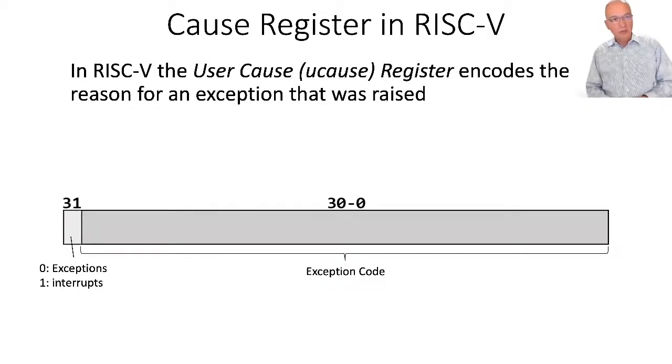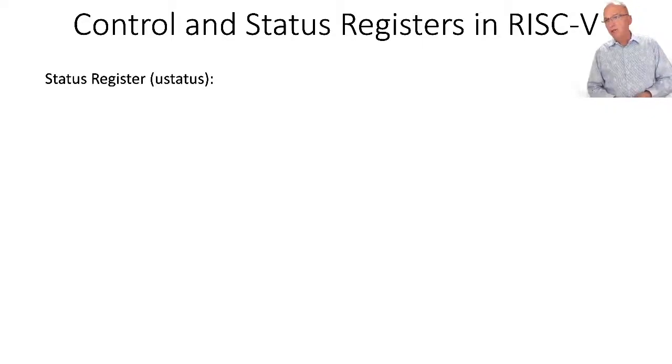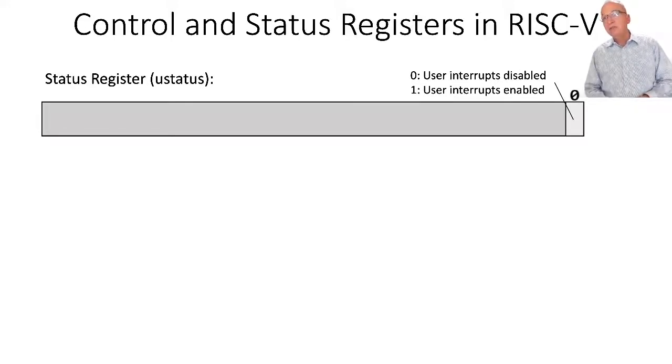Then we have two control and status registers in RISC V that we're going to pay special attention to. One of them is the status register called uStatus, which will have this format. The most important bit that we're going to worry about in this register is bit 0. If bit 0 of the status register is 0, the interrupts are disabled, and if that bit is 1, the interrupts are enabled.